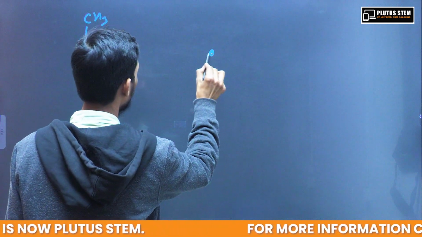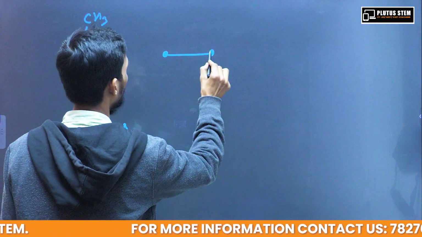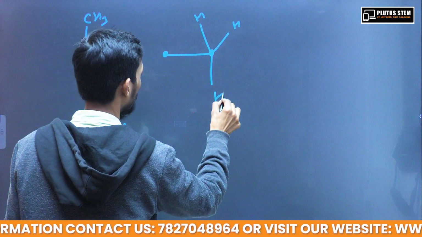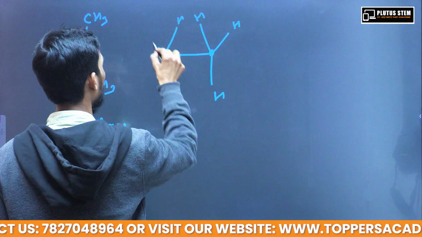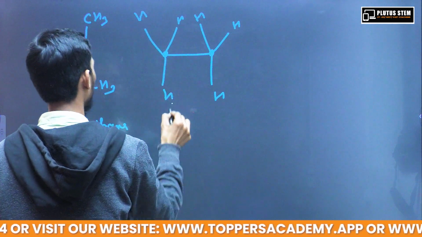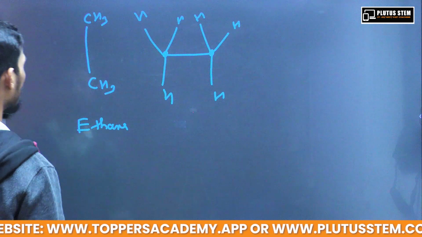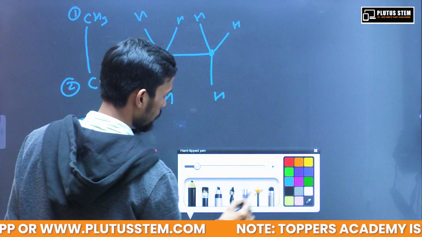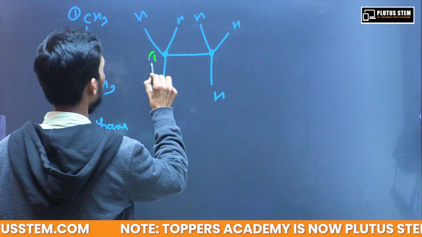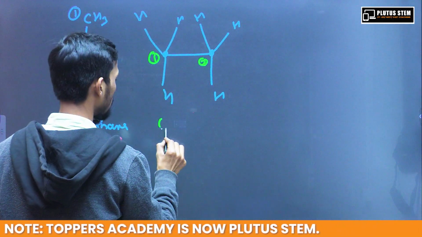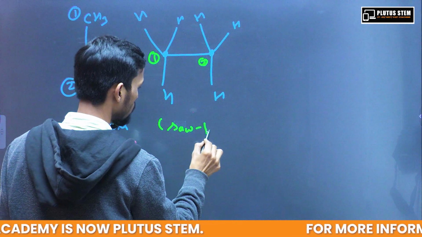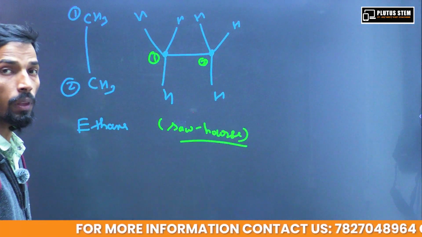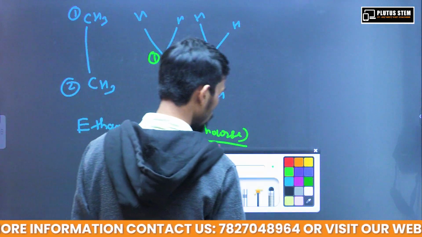This is carbon 1, this is carbon 2, with one hydrogen, another hydrogen, and a third hydrogen on each. This structure is the sawhorse projection. Now let's draw this structure in Newman projection.